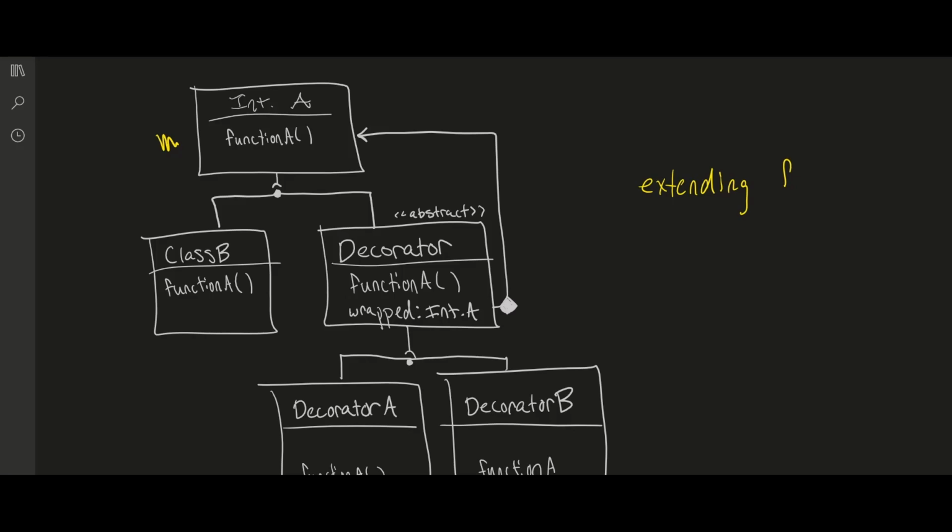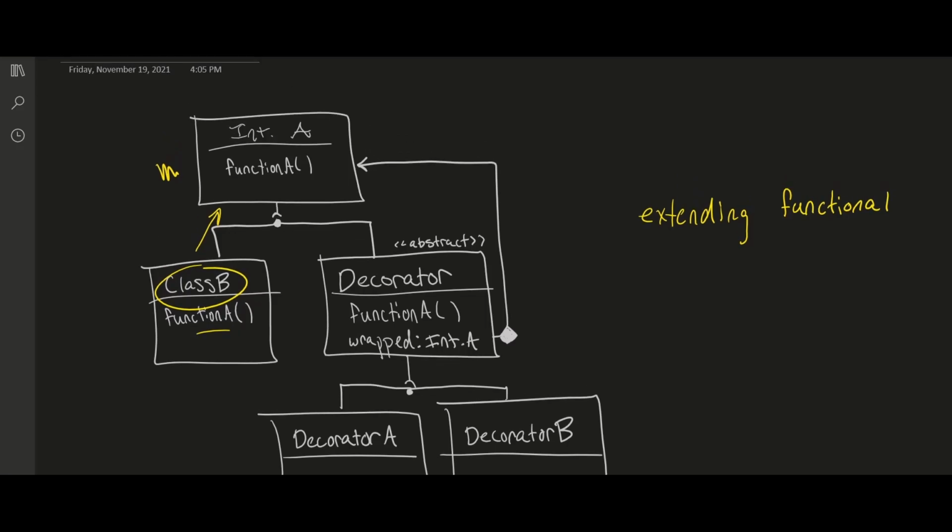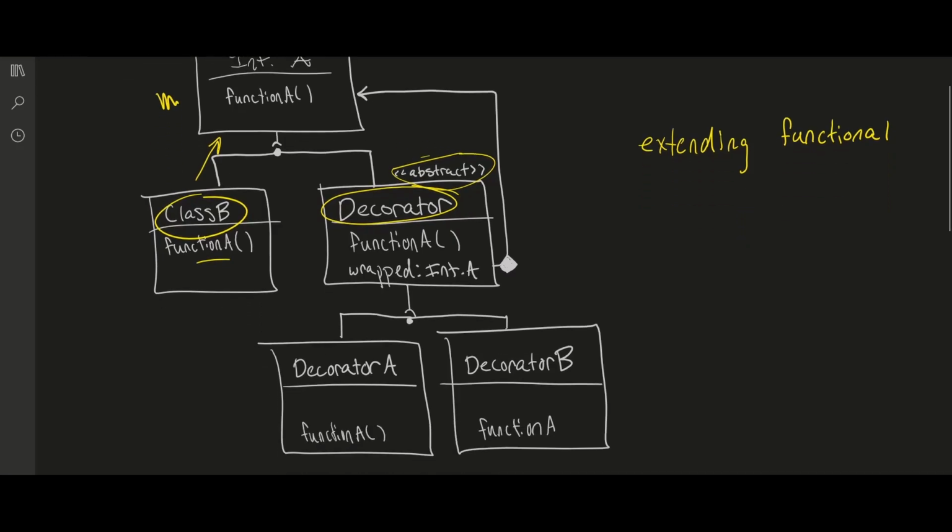Okay, and so what we have is a concrete class called class B, and it implements the interface, so it's going to have a function A definition. And then we have our decorators over here. Now this one is an abstract one, but nonetheless, it's a decorator.